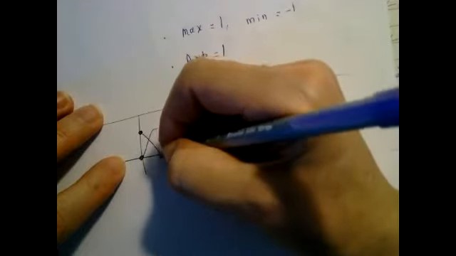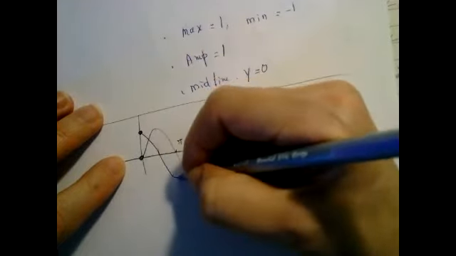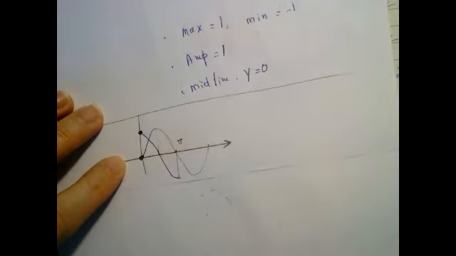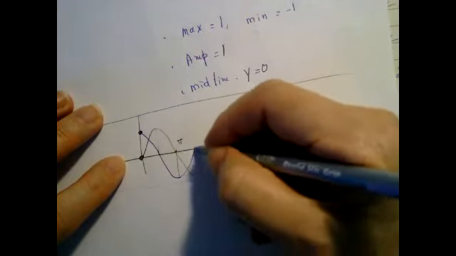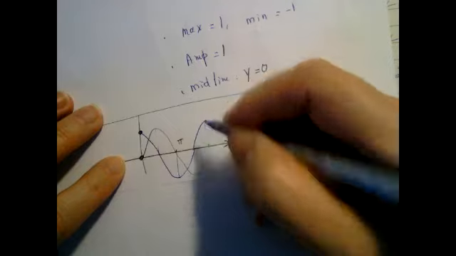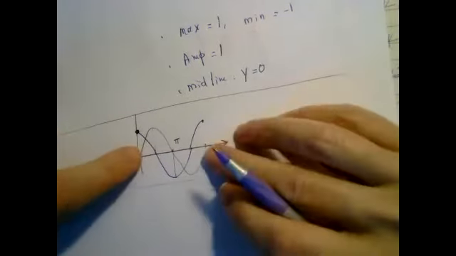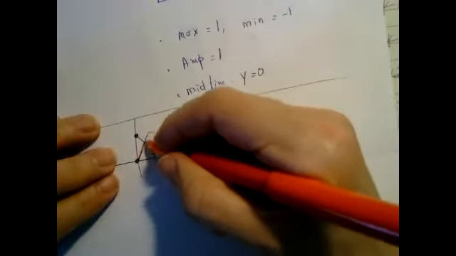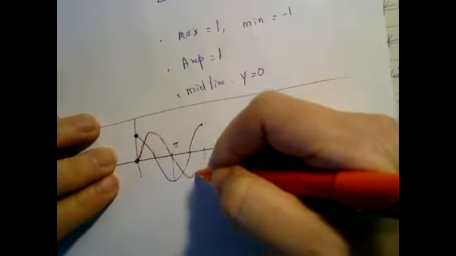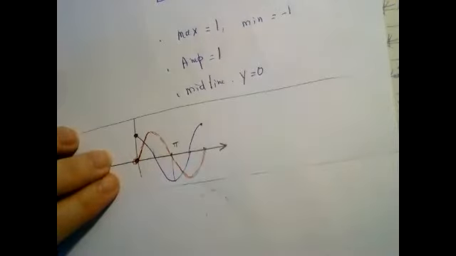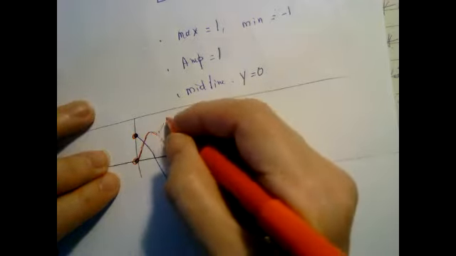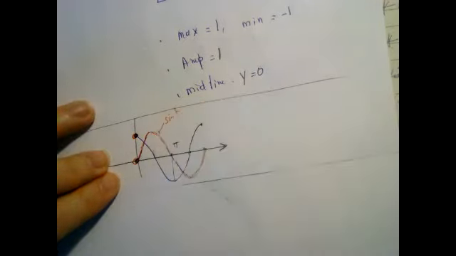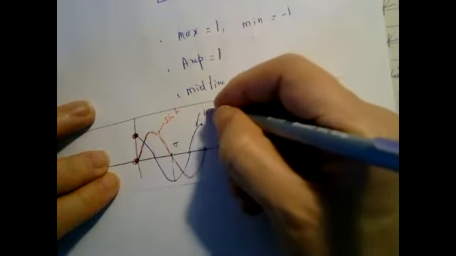It goes down at pi over 2. It dips to its lowest value at pi. Then it goes up at 3 pi over 2 and goes like this. So the purple, that's the cosine, and the red, that's the sine. Okay. So the sine starts at the midpoint. The cosine starts at the maximum value. So this is the sine, and this is my cosine.